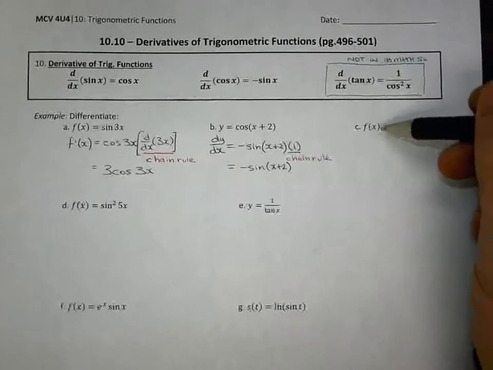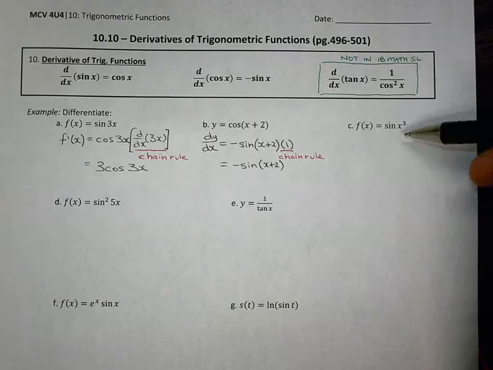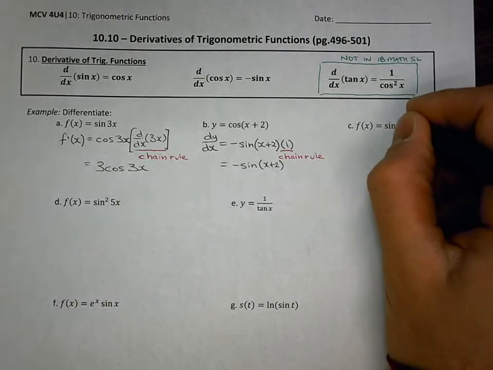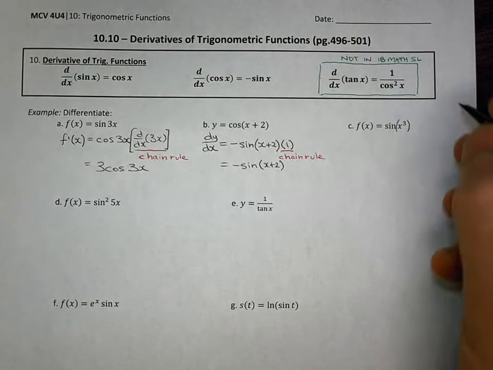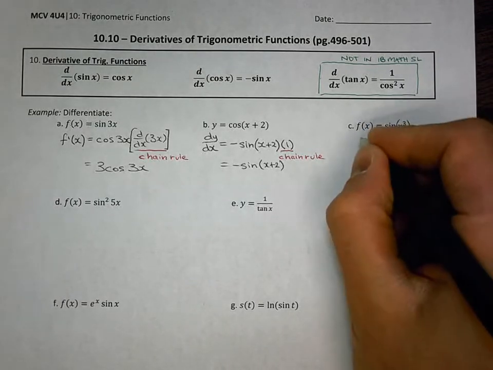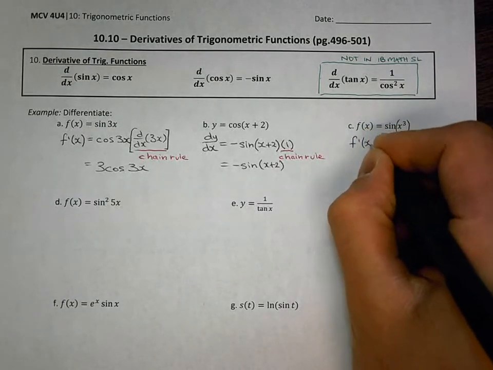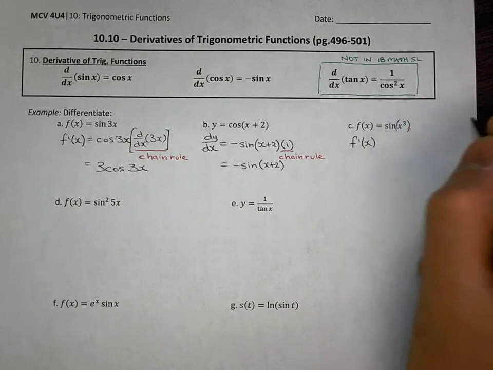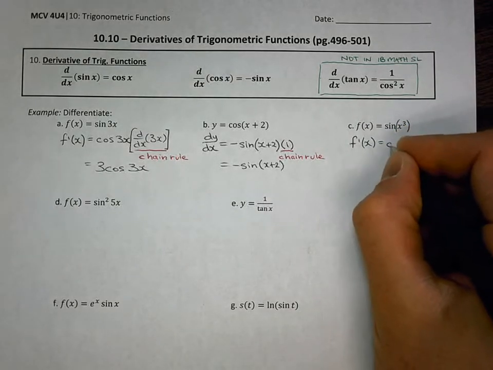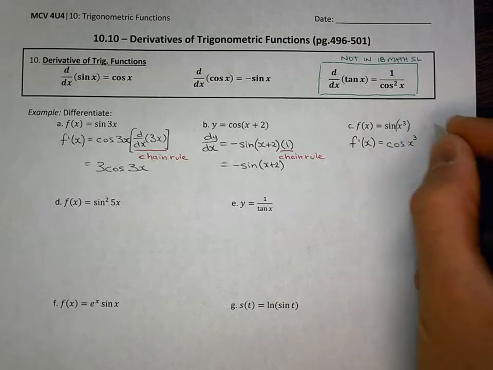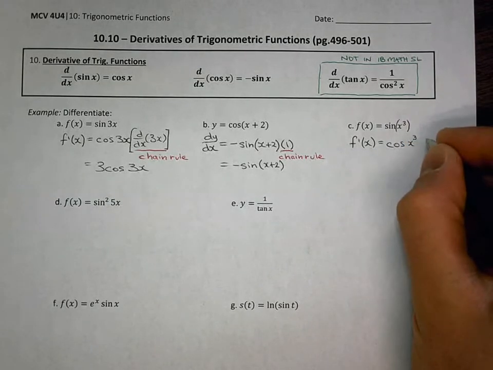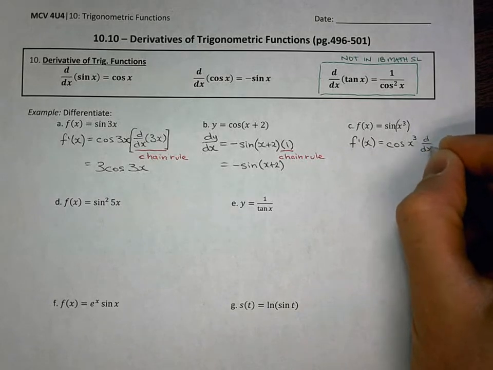This next question: f(x) equals sine x cubed. Be careful, because the x cubed means it's inside the bracket if I write it like that. If I want to find the derivative of this, what's the derivative of sine something? It's cos of that something, times the derivative of the interior function. That's a confusing one, let me write this out again.